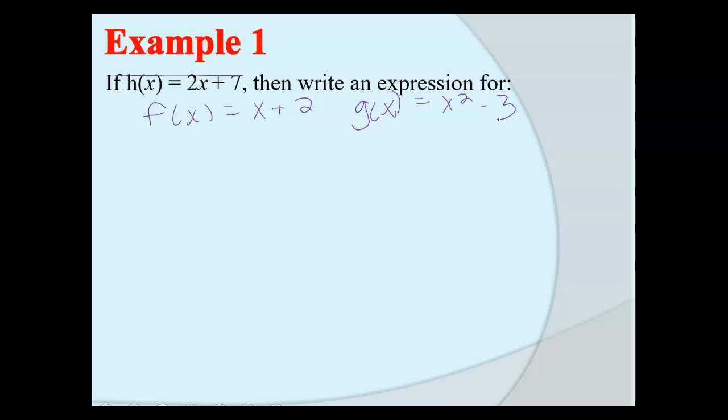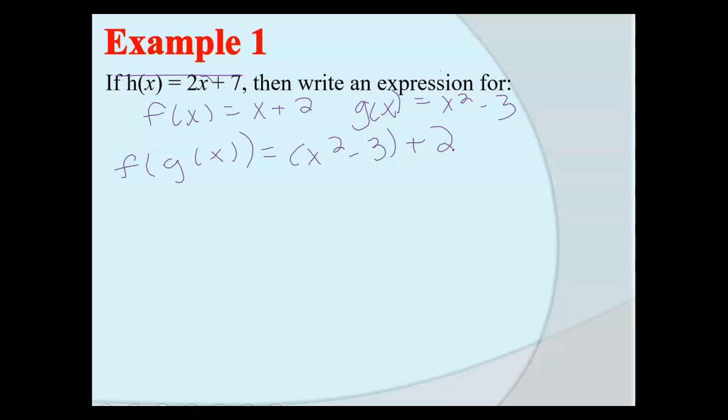All right, so f of g, sorry about that, f of g of x means this function goes into that function. So it becomes x squared minus 3 plus 2. The big mistake that students make is they leave the x from f and try to multiply it by the g.